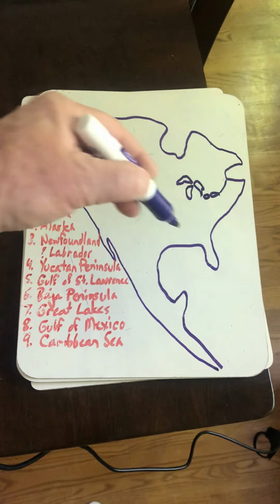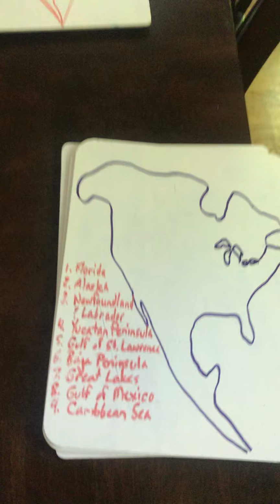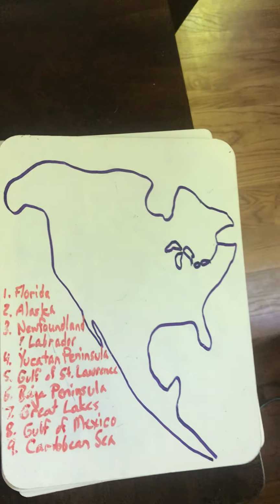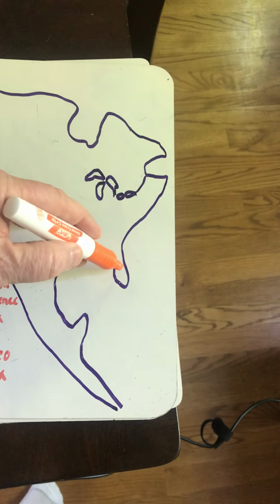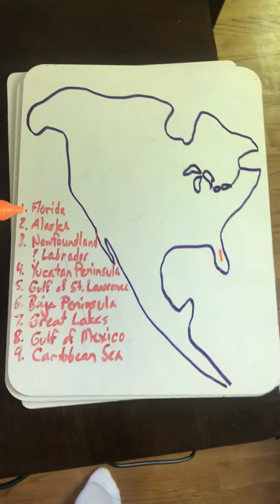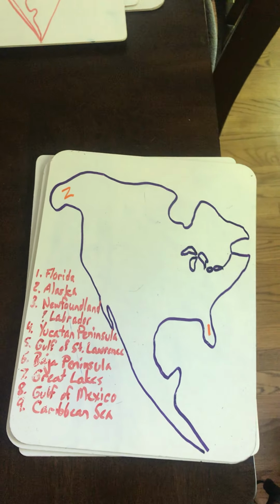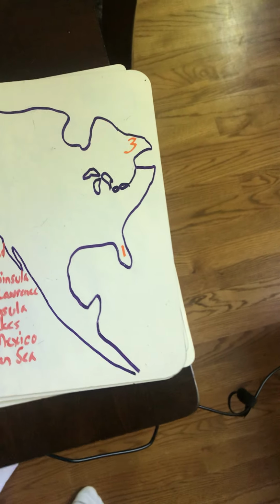So we start with Florida. Florida is kind of the Italy of North America. It's the thing you can always find. So here's Florida, 1. Alaska, 2. Newfoundland and Labrador, 3.